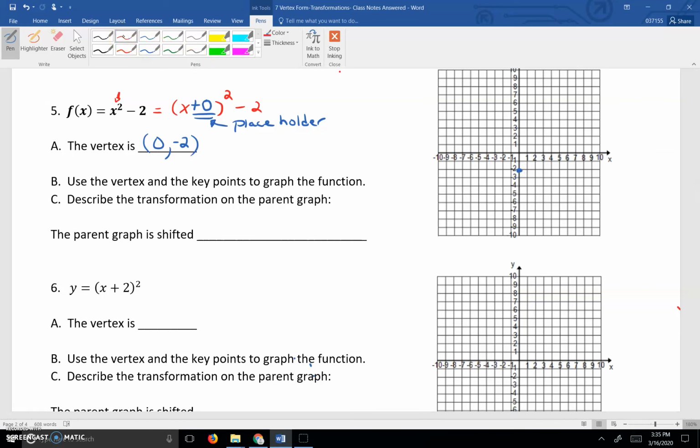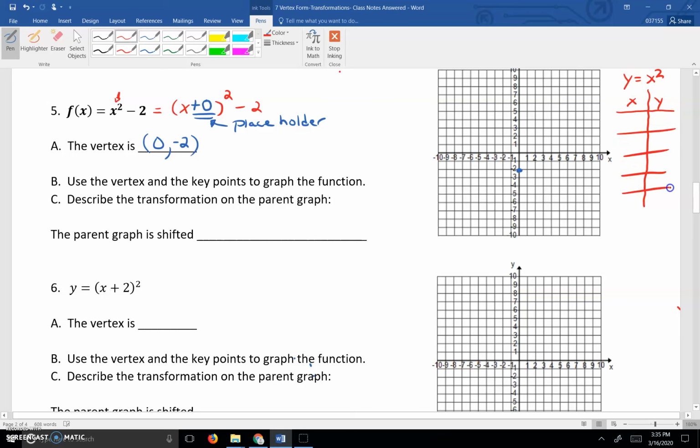Now, again, I'm going to start by looking at my parent function, y equals x squared. And every time it's the same. My x values are negative 2, negative 1, 0, 1, and 2. My y values are 4, 1, 0, 1, and 4.